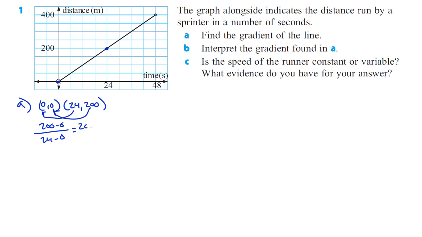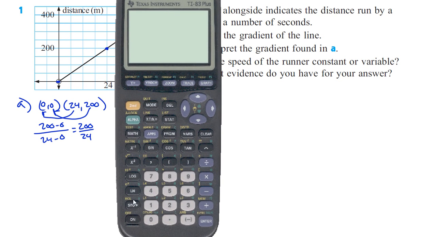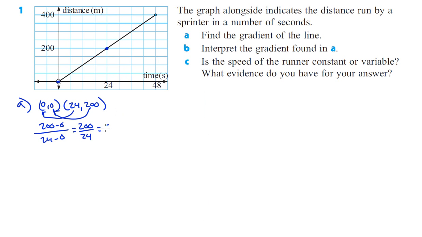So that's 200 over 24, and then let's figure out what that calculates out to be. 200 divided by 24 gives us 8.3. Okay, so that's 8.3, and again the y was on the top, the x is on the bottom, so that's 8.3 meters per second, right?